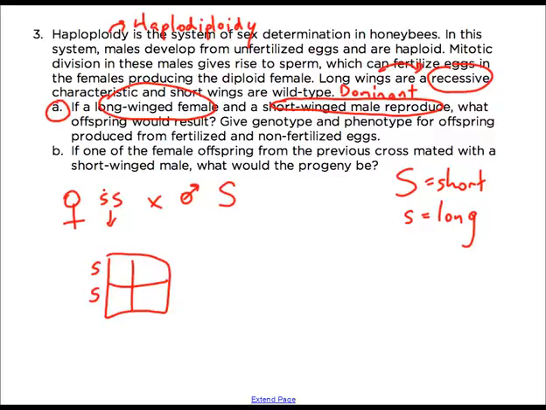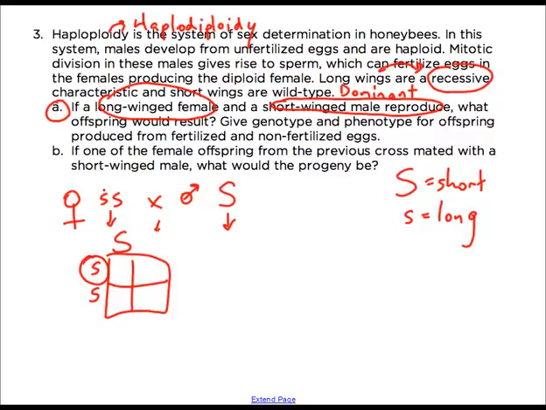The males make sperm that can only be big S. Conventionally, we would put another one over there, but in this case, nothing was separating, so there's really no point. But here's something that's really important to understand. They said what would happen from the fertilized eggs and from the non-fertilized eggs. You don't even have to do a Punnett square to think about the non-fertilized eggs.